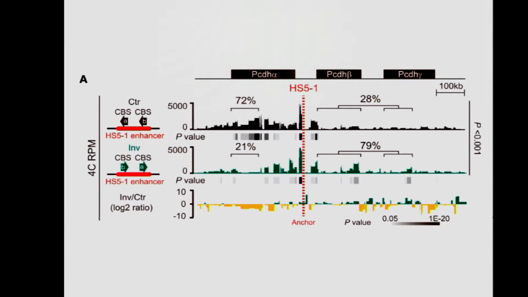You flip it around, you see where before you had 72% of your interactions with this upstream region, it's now completely flipped. So by modifying 22 base pair sites, you've completely changed the chromatin architecture across 150 kilobases.